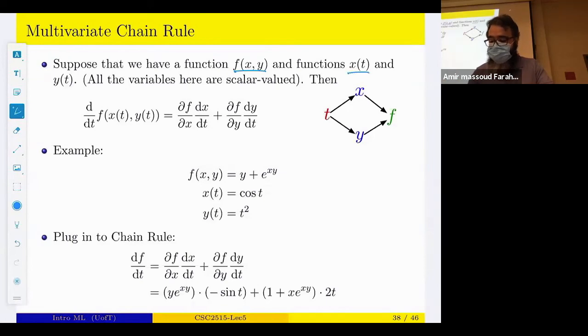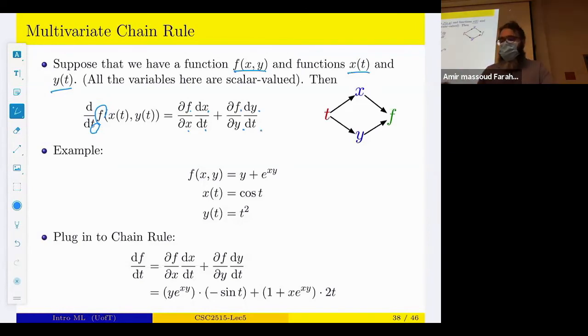So we have x of t and y of t. Now, when I want to compute the derivative of f with respect to t, I basically need to use the multivariate chain rule, which says to compute the derivative of f with respect to x, multiplied by the derivative of x with respect to t, plus the derivative of f with respect to y, times the derivative of y with respect to t.